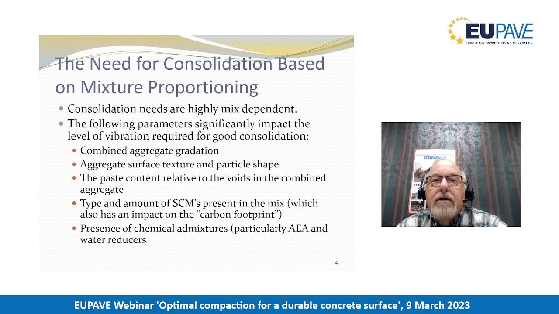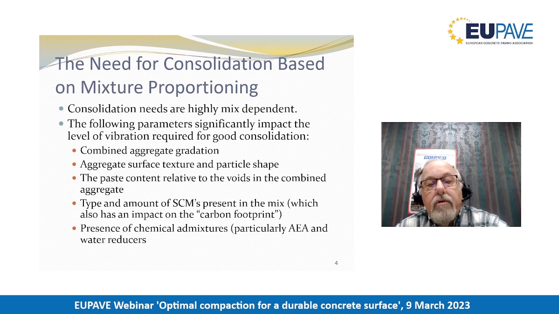Ultimately, we're trying to get rid of entrapped air. We're trying to not blow out or diminish the amount of entrained air, and we're trying to get good consolidation around the steel if we have it embedded in the slabs.